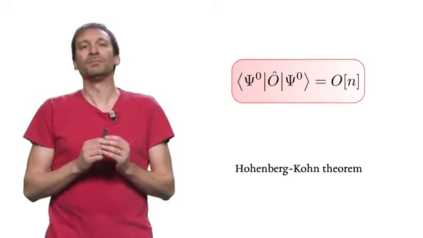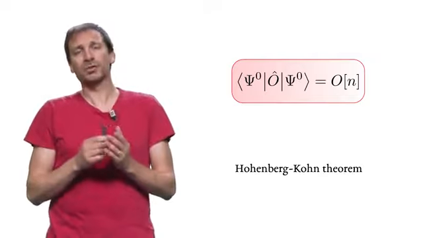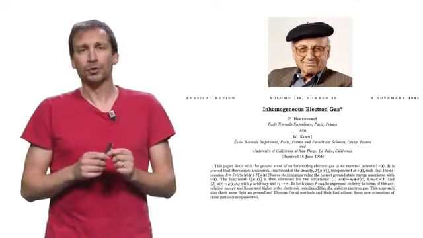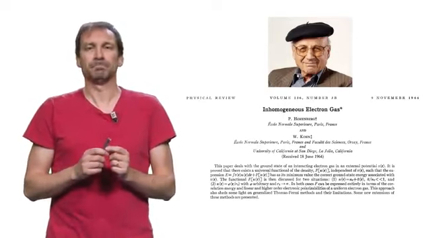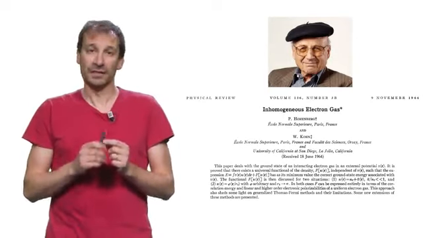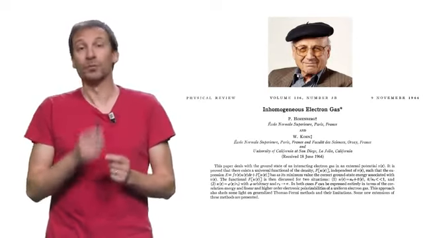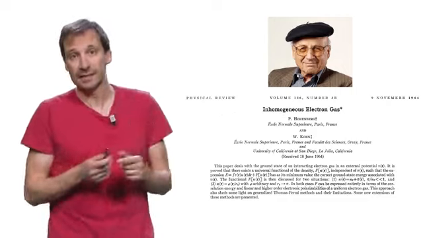It is mainly due to Walter Kohn, an Austrian and American physicist, here he is, who developed the density functional formalism in the early 60s during his sabbatical in Paris. The concept of functional of the density is not new, and was not even new, of course, in the 60s.